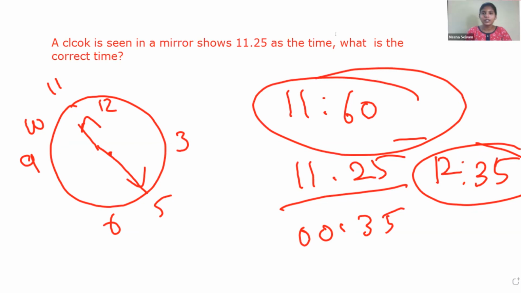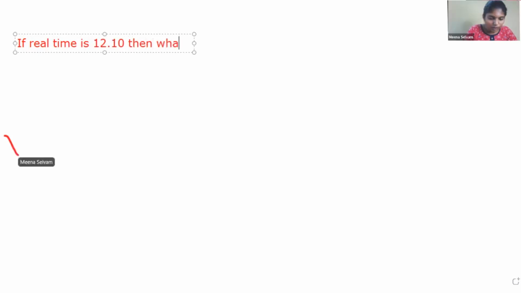Okay, the next question is for you. You need to work out and tell me. Please do this correctly. Very simple question. If real time is 12:10, then what will be the mirror image time?